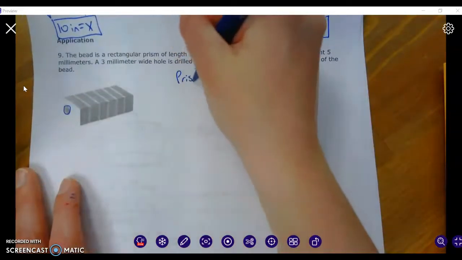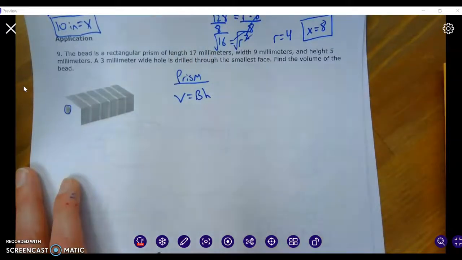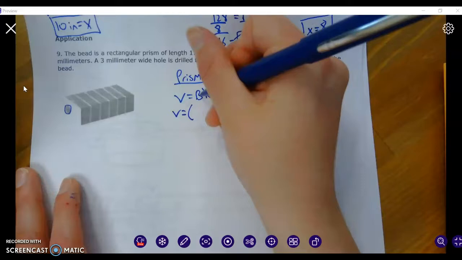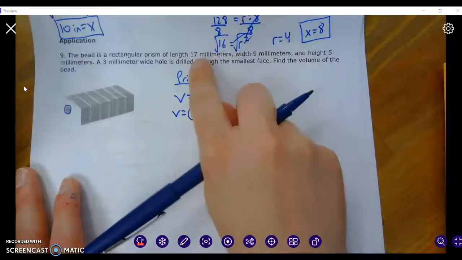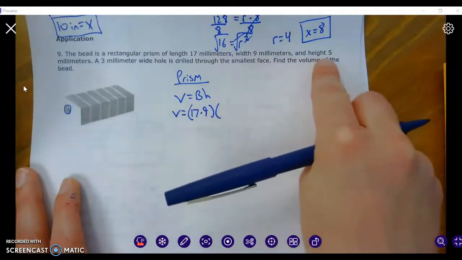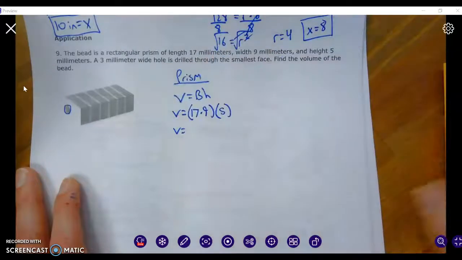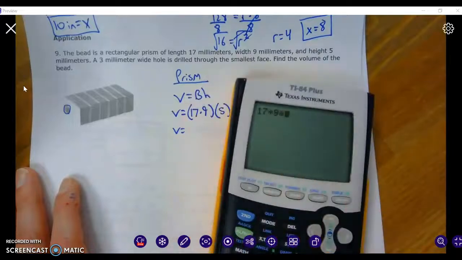So we're going to start with the prism, which is area of the base times the height. So for the base, we're going to do 17 times 9 from the question, so 17 and 9. And then my height is 5. So we've got 17 times 9 times 5.